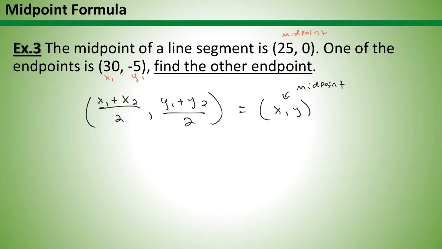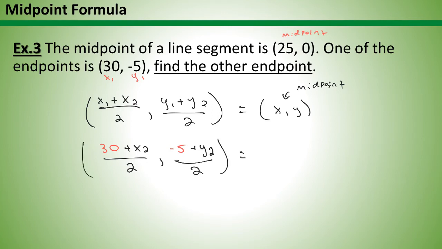So I've got 30 plus x2 over 2, and then -5 plus y2 over 2, and that equals the midpoint, 25, 0. We really just have two different equations to solve.